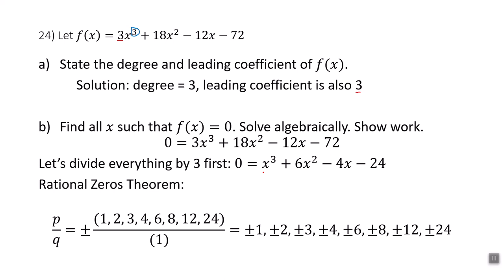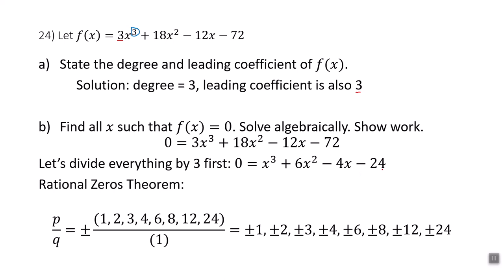We had something called the rational zeros theorem, and the rational zeros theorem tells us that the rational zeros of this polynomial will consist of all the ratios of the factors of the constant term divided by the factors of the leading coefficient. Now, the leading coefficient is 3, but we're working with the 1 after we divided, so we're using the 1.